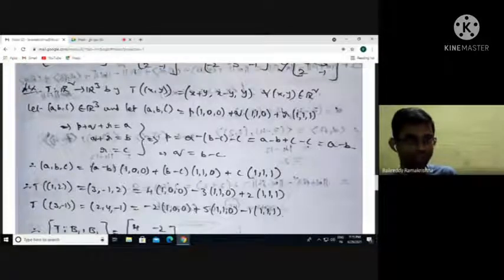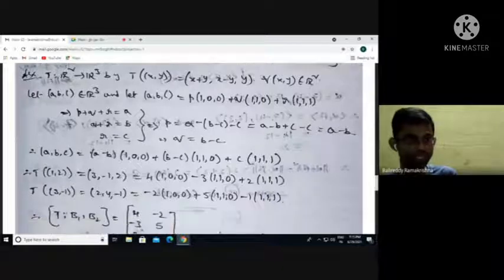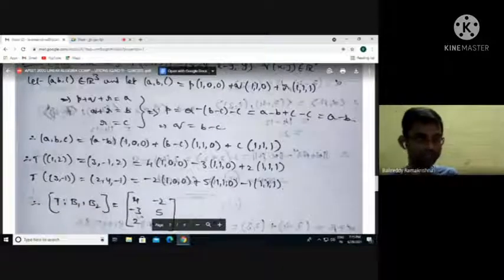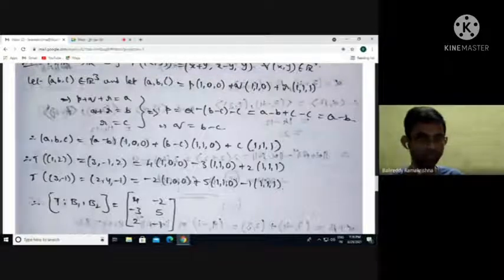And similarly, the value of T of (3, minus 1) is given by (2, 4, minus 1), which is equal to minus 2 into (1, 0, 0) plus 5 into (1, 1, 0) minus 1 into (1, 1, 1).